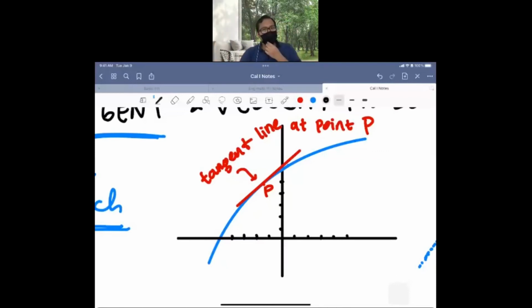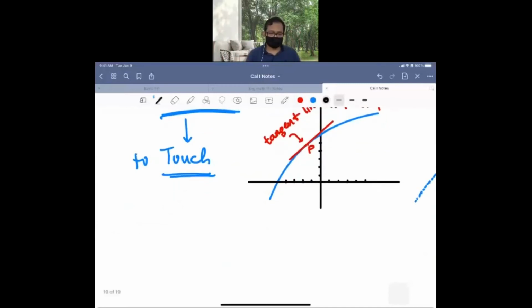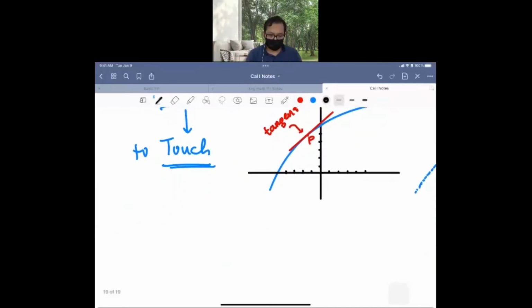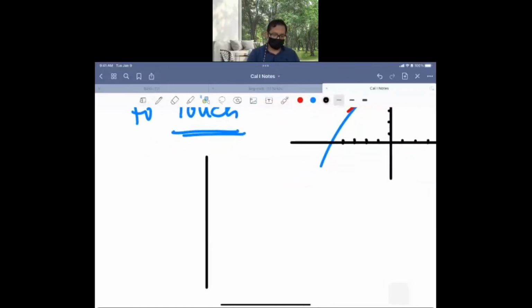Now the problem is, how do we define this tangent? To get into more visuals, let me give you a graph. Let me just draw a simple graph, maybe using our usual typical x squared.